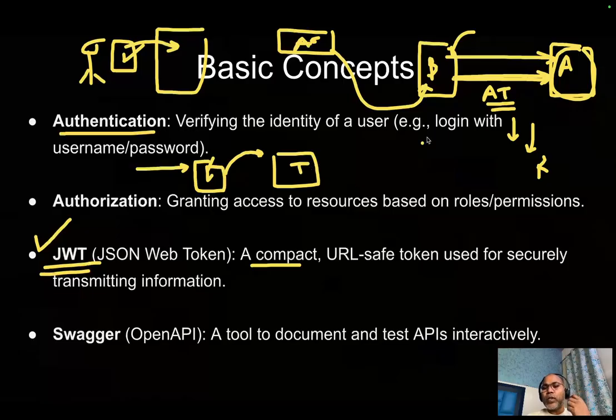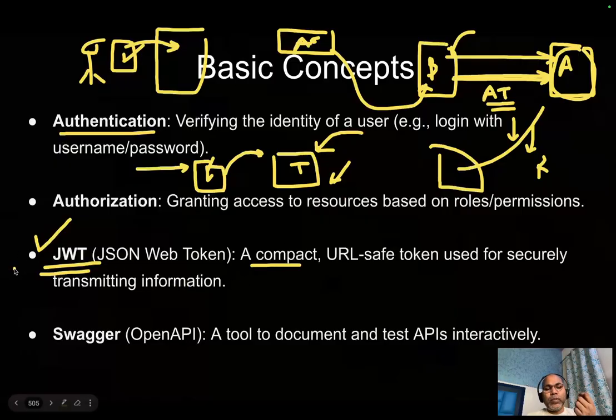This access token is used by my application to communicate, so another application can communicate. Also, once we generate a token, there is a concept of expiry: how long is this token valid? Maybe 1 day, 2 days, 3 days. You can set the expiry time as well. So these are some JWT token concepts.